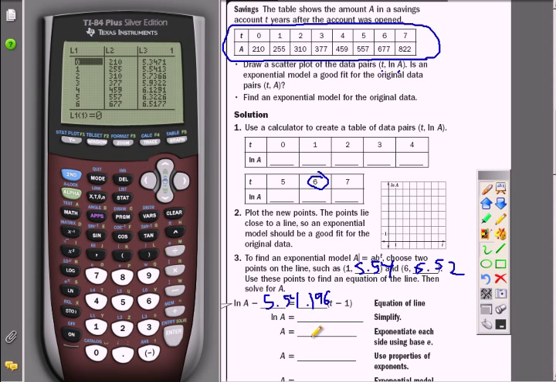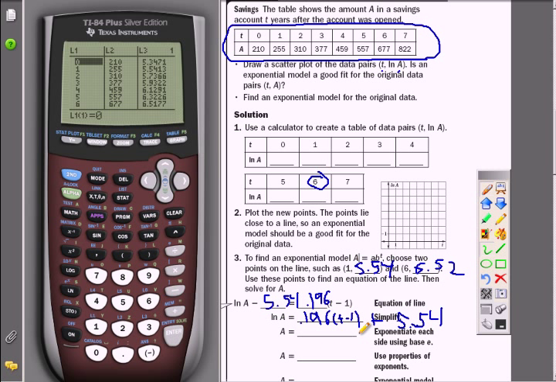And so if I add that to the other side, I get 0.196 times t minus 1 plus 5.54. All right. So what this whole thing does for me is it starts allowing me to solve for A.